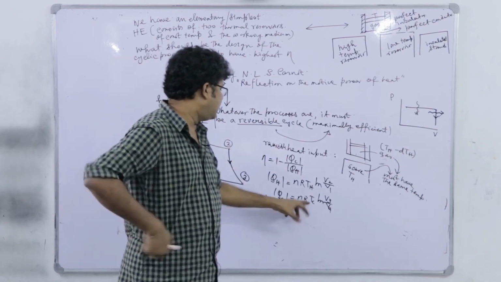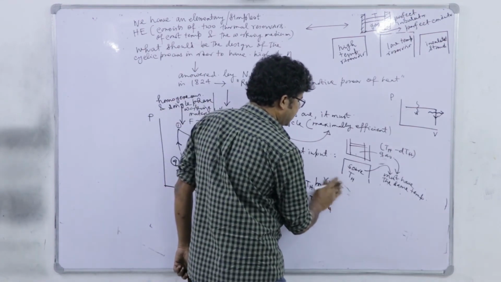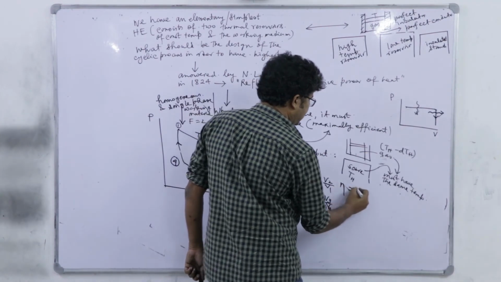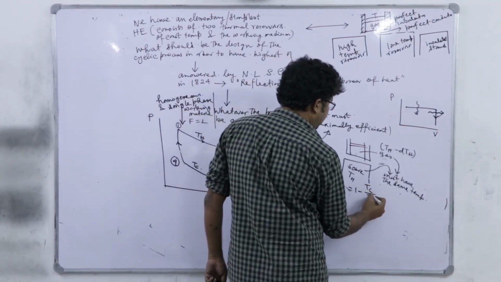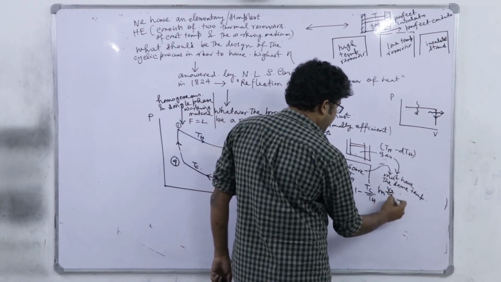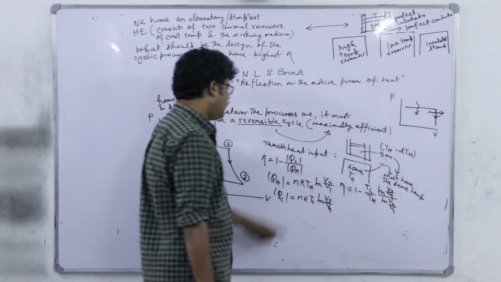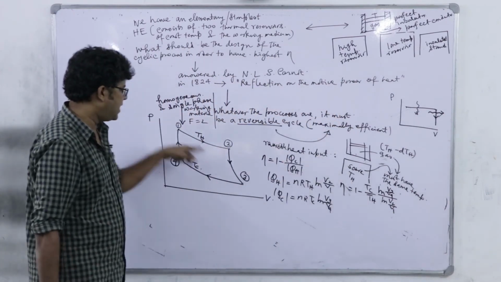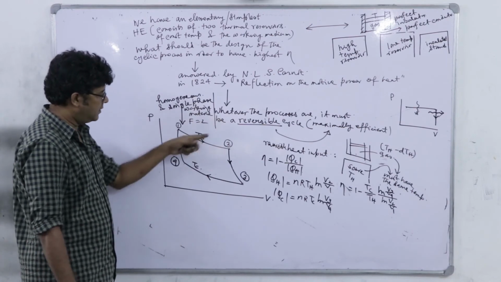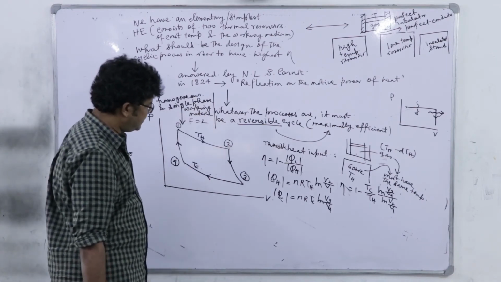Okay. So the efficiency expression is 1 minus Tc by Th into ln of V3 by V4 divided by ln of V2 by V1. Now, we can further simplify it if I apply the reversibility condition for an ideal gas in these adiabatic steps.